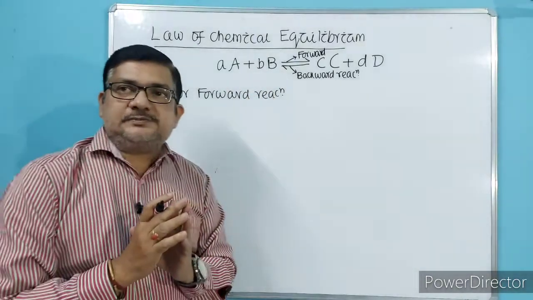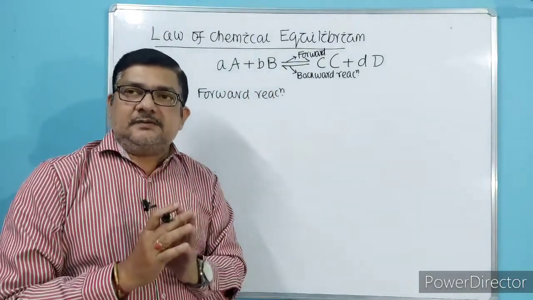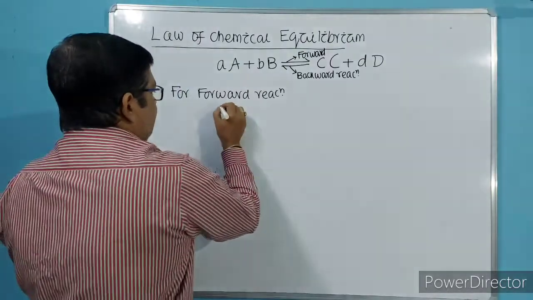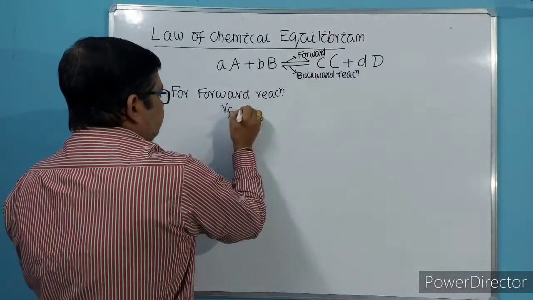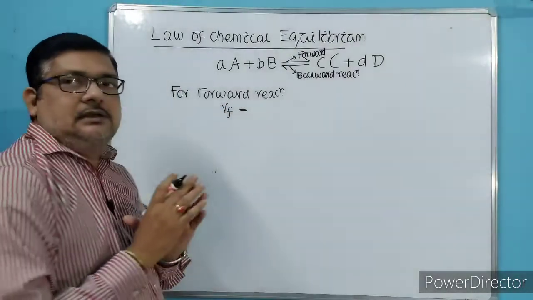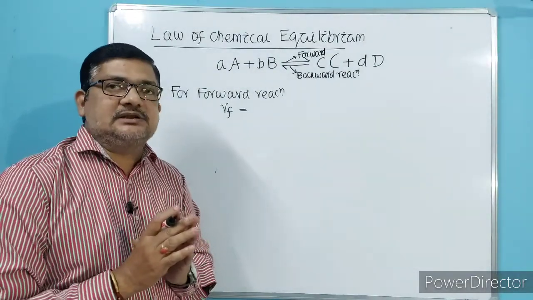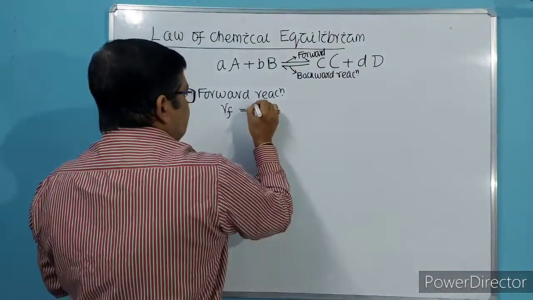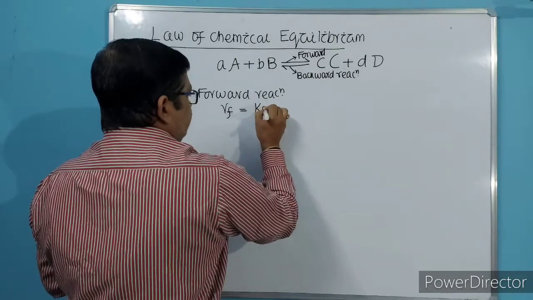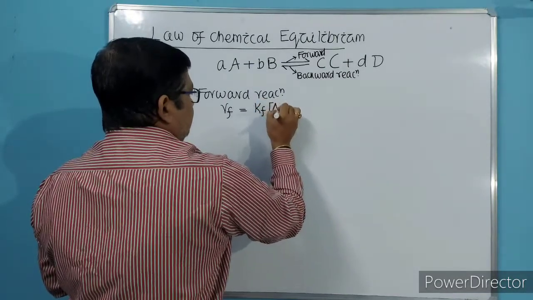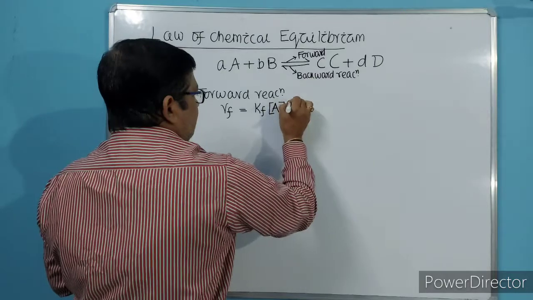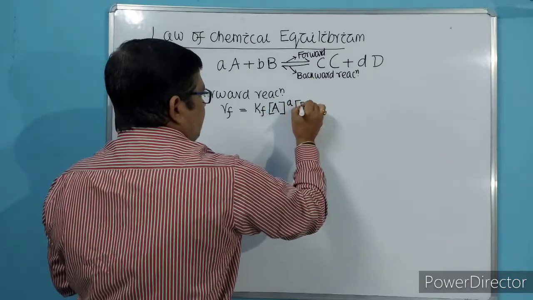As per law of mass action, the rate of forward reaction, Rf, will be directly proportional to the active mass, that is molar concentration of the reactant. That means we will write kf into [A] to the power a into [B] to the power b.